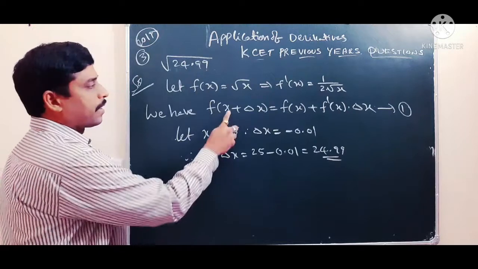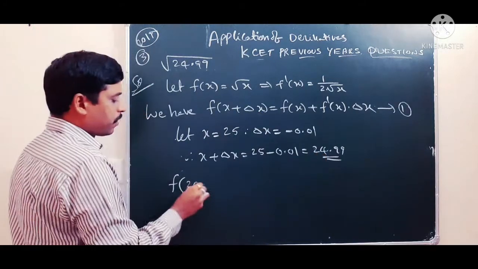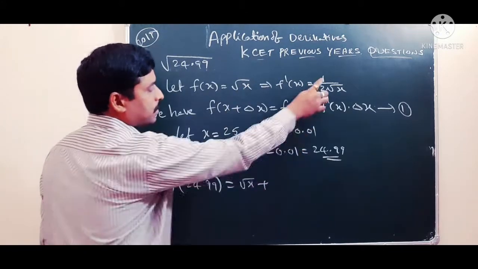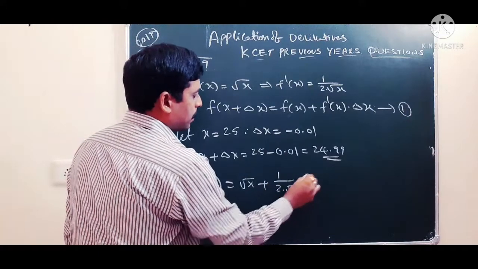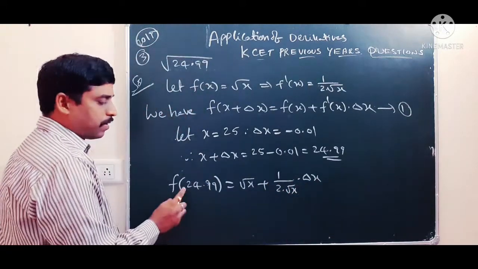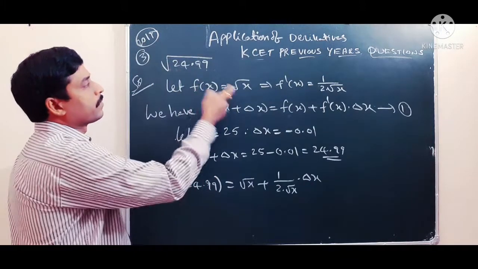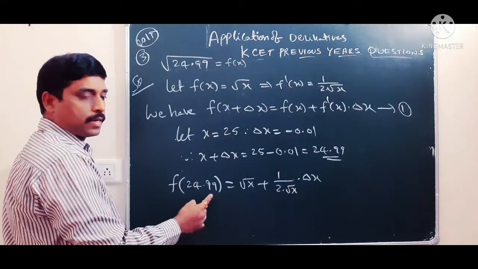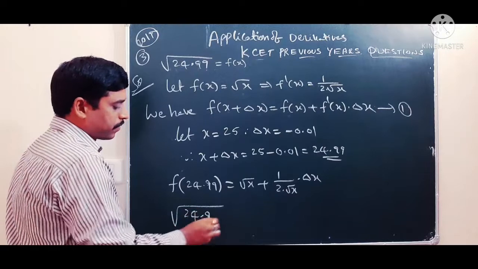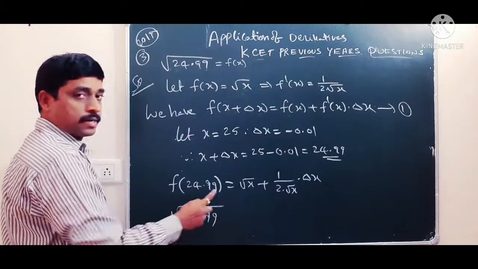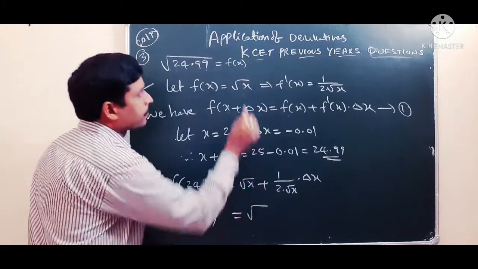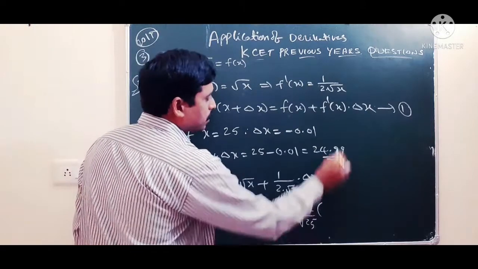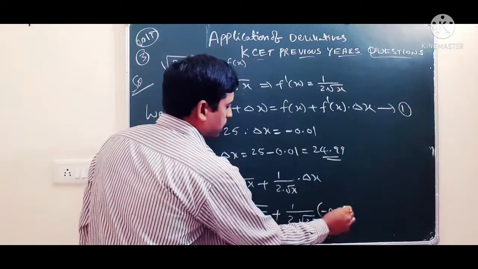Therefore f of x plus delta x, the value at 24.99, is equal to f of x, root x, plus f dash x, 1 by 2 root x, into delta x. So root 24.99 is root 25 plus 1 by 2 into root 25 times delta x, minus 0.01.